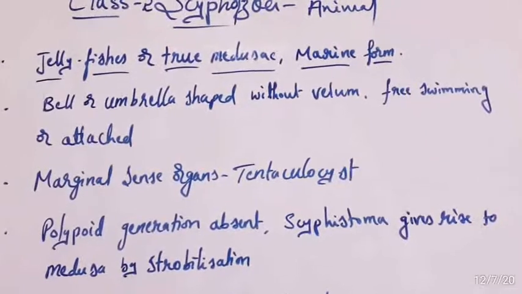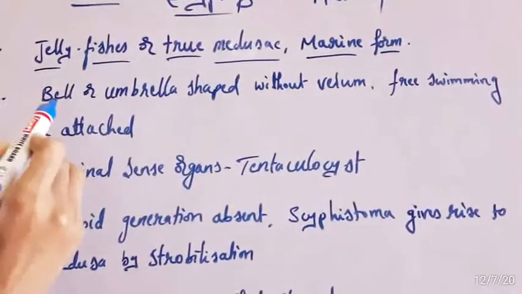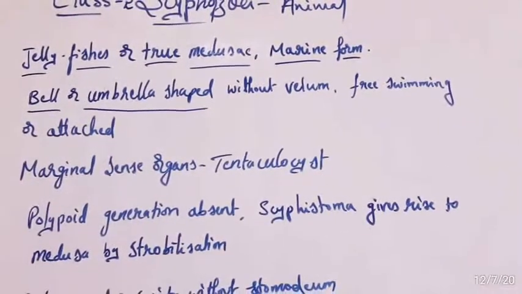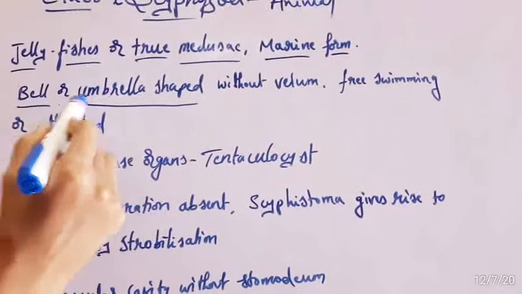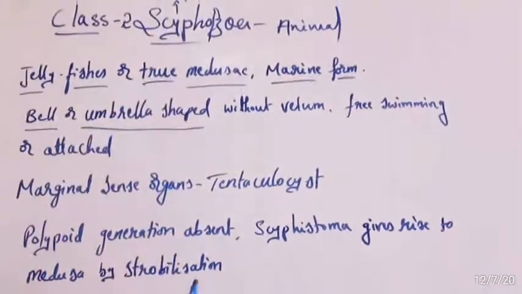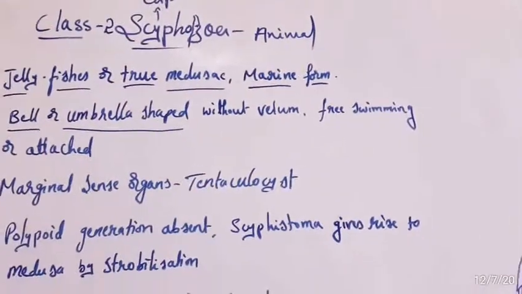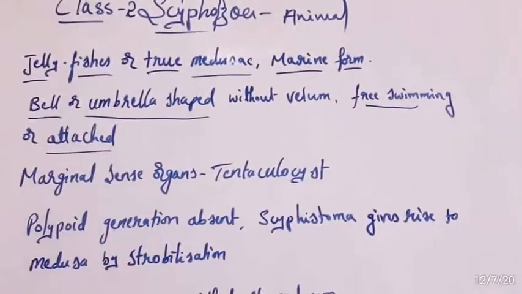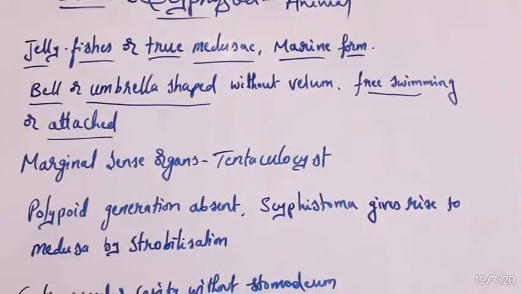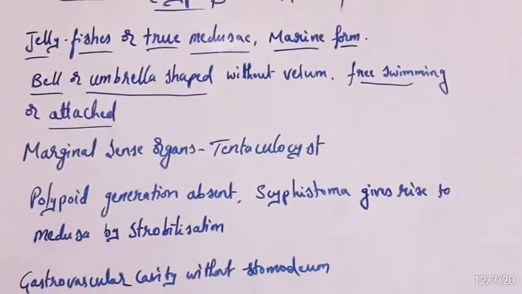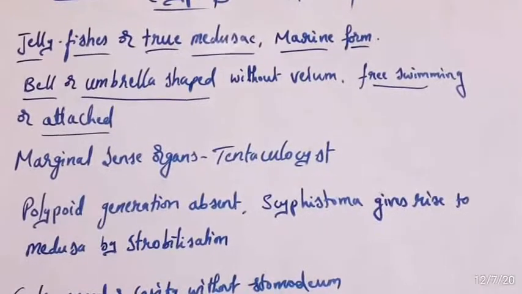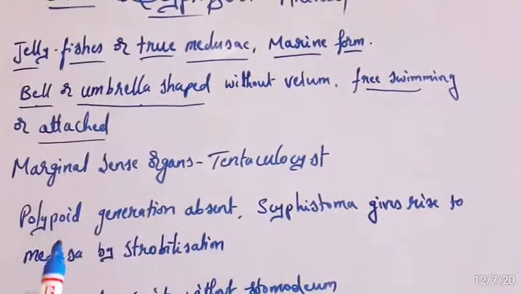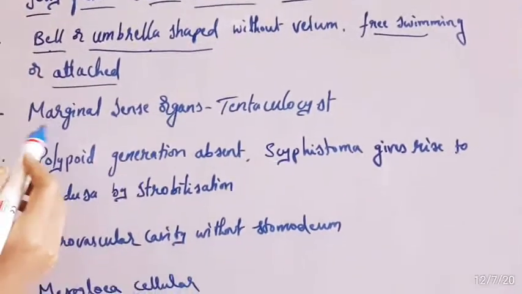So medusae are large, bell or umbrella shaped. Here medusae are bell or umbrella or cup shaped without velum. They are free swimming, or they attach by an aboral stalk.